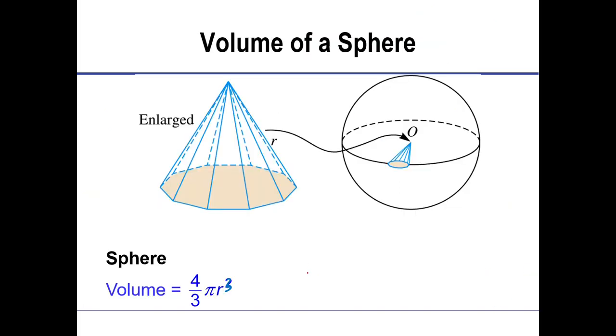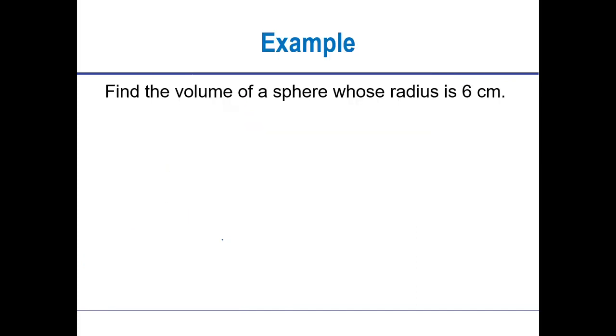The volume of a sphere is given by the formula 4/3 pi r cubed. Example, find the volume of a sphere whose radius is 6 centimeters. We need to use the formula volume is equal to 4/3 pi r cubed. We'll plug in the 6 centimeters for the radius.